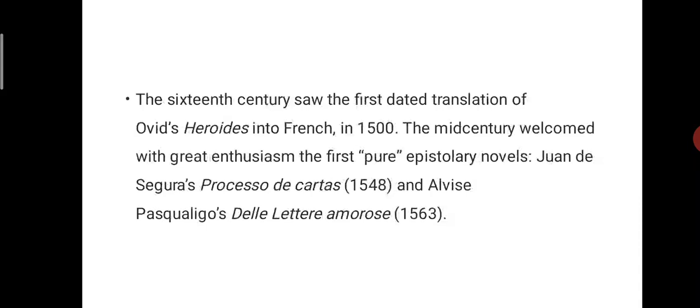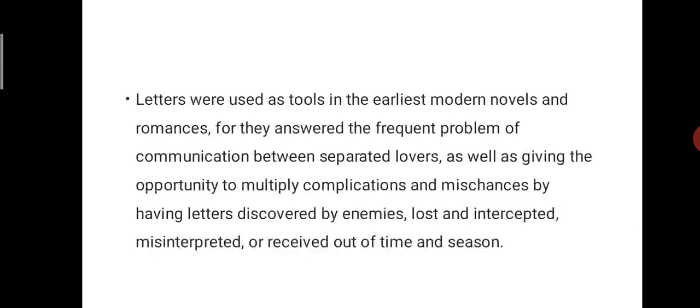So here we can understand how the 16th century also developed the epistolary form in translation, and in the mid 16th century there are pure epistolary novels.